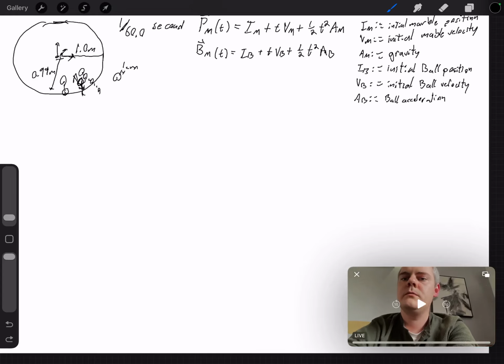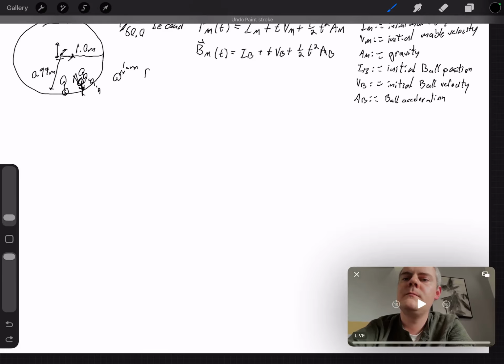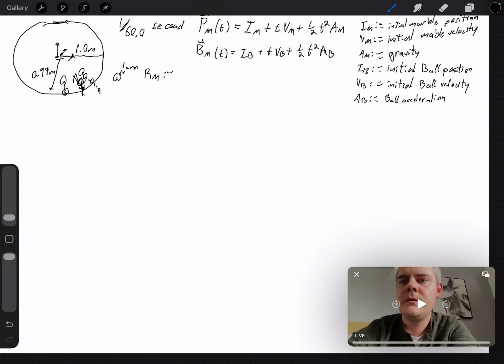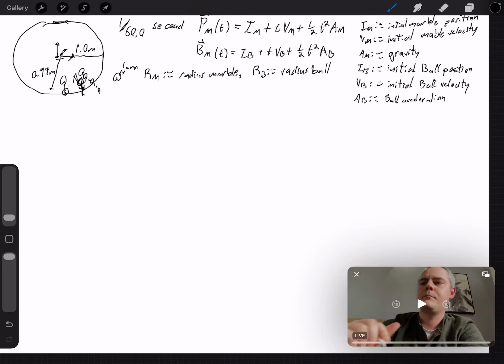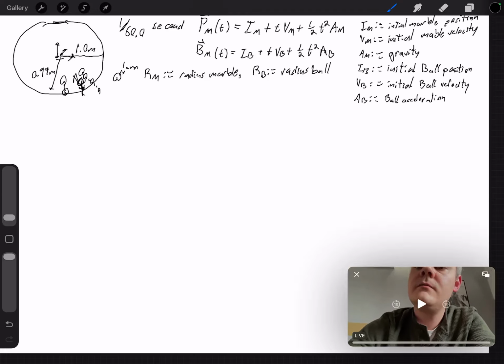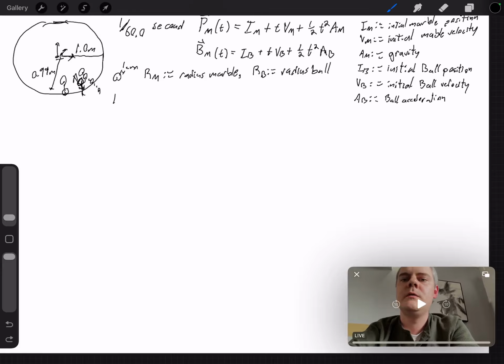So the radius of the marble is this, and then we've got the radius of the ball. What do we have to do next? We've got to say the radius of the marble.